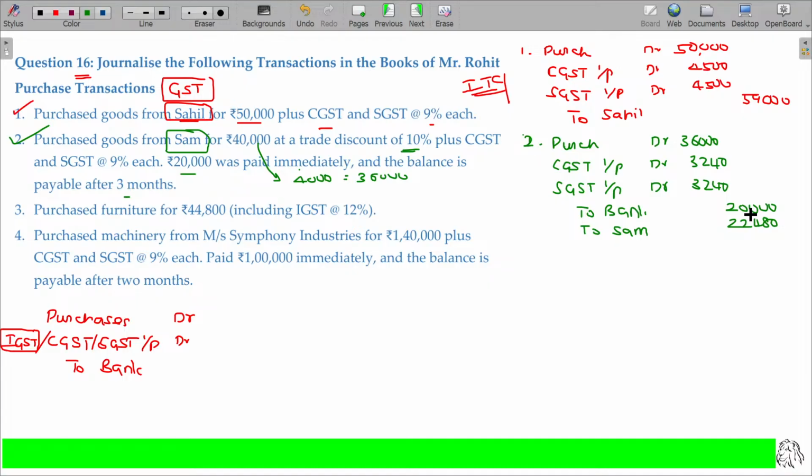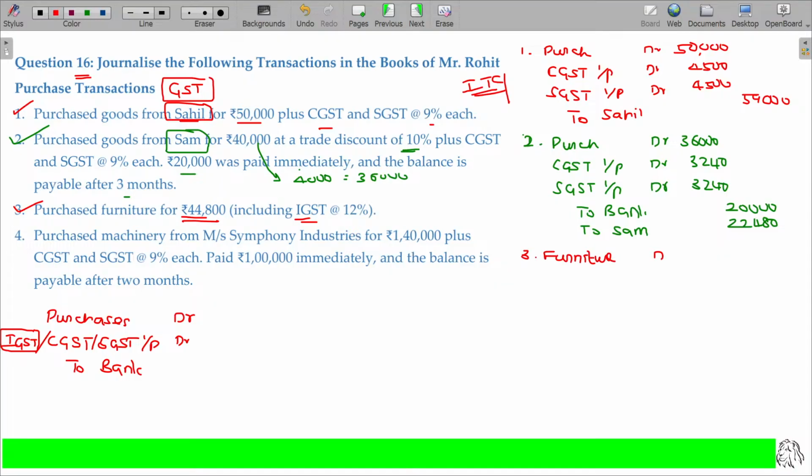Now, third question. Purchased furniture for rupees 44,800 including IGST. If you are purchasing furniture, you have to debit furniture account.